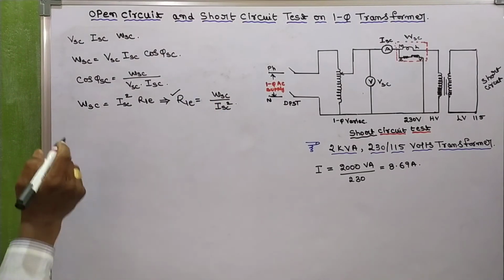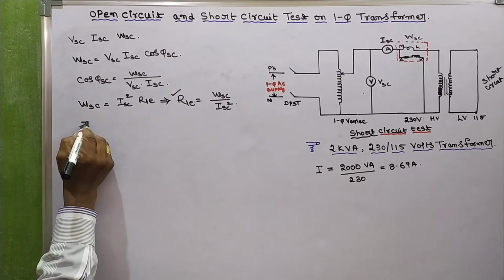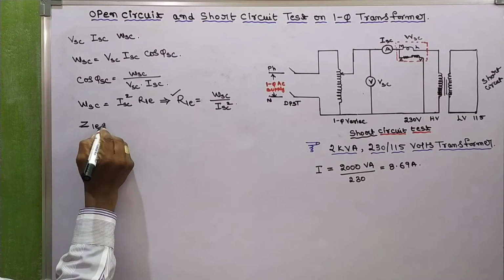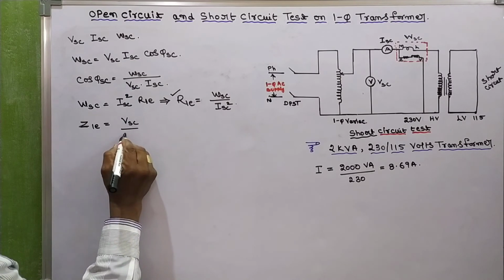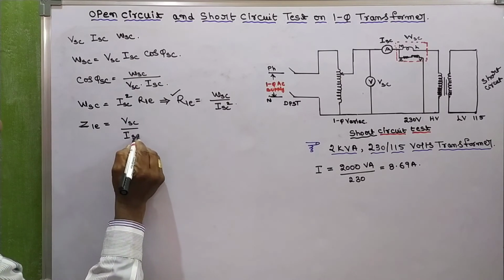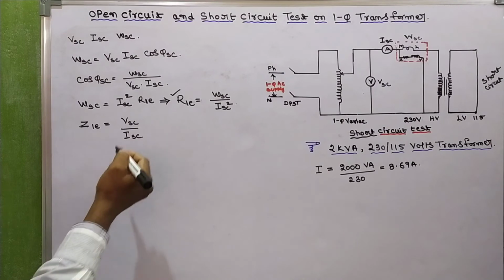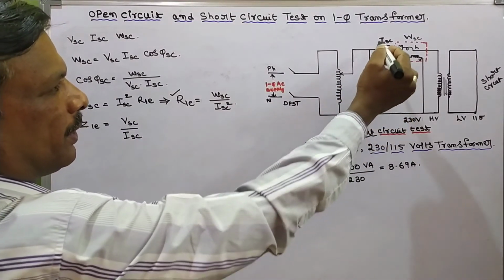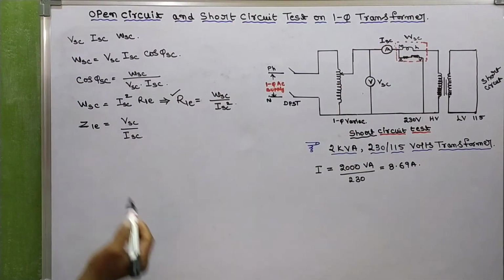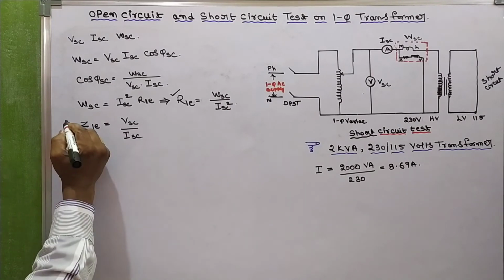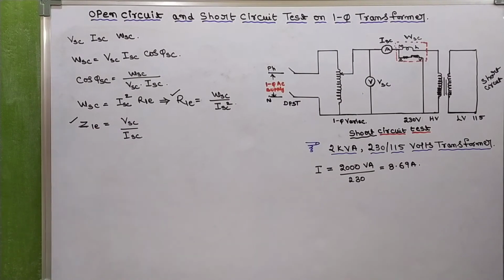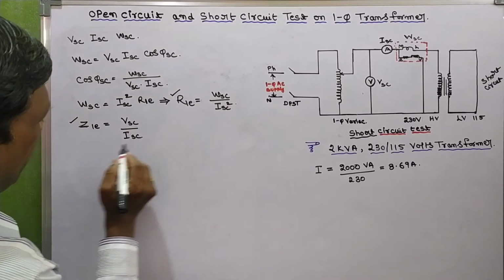Okay, next Z1E. Z1E is equal to VSC by ISC. So directly with the help of the voltmeter reading and ammeter reading, we are going to calculate Z1E. Now Z1E is ready. The final parameter is X1E.